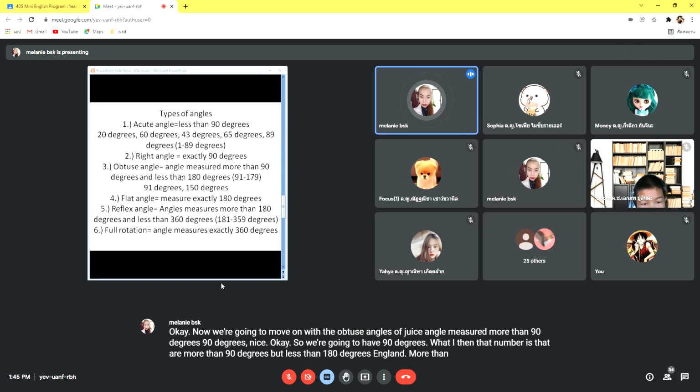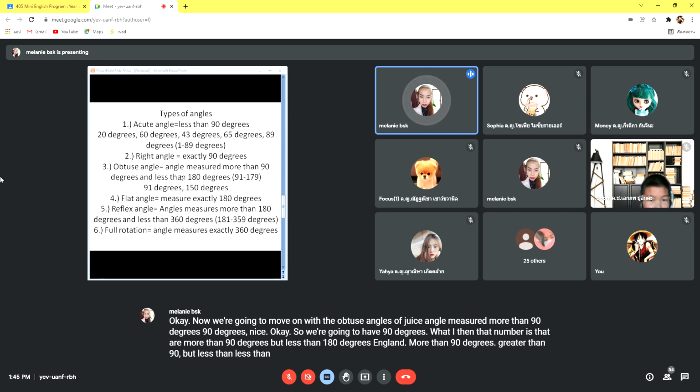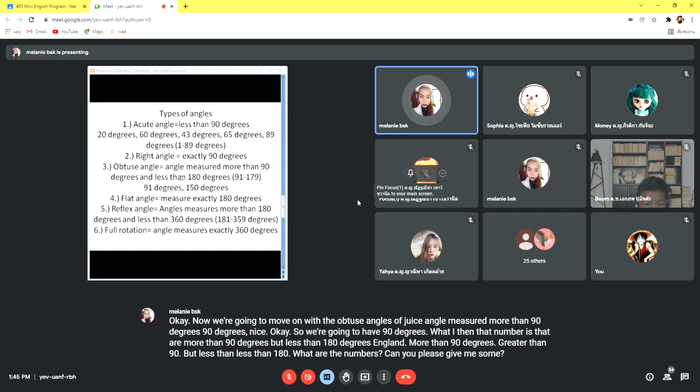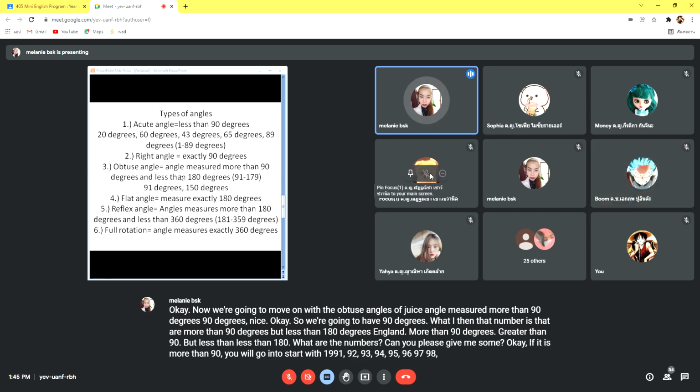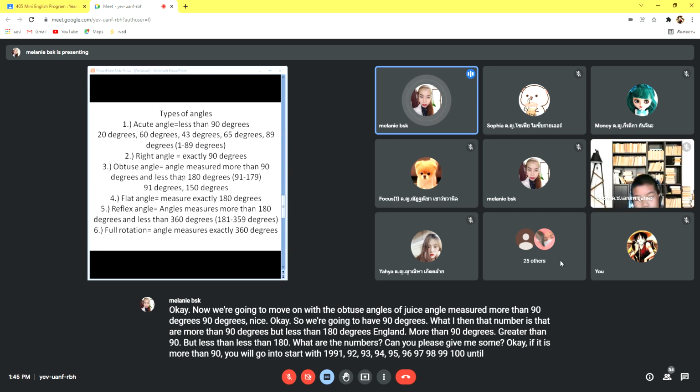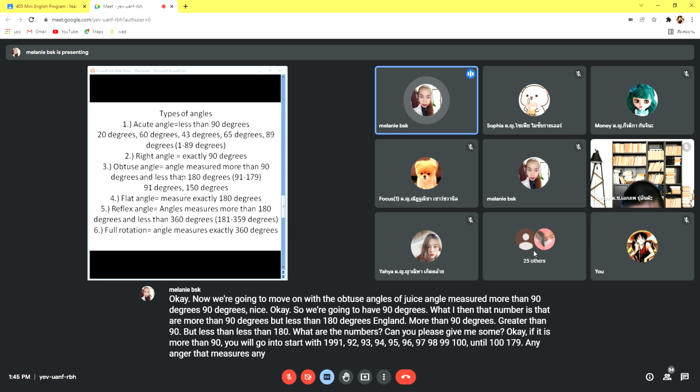Greater than 90 but less than 180. If it is more than 90, you will start with 91, 92, 93, 94, 95, 96, 97, 98, 99, 100 until 179. Any angle that measures 91 until 179 is an obtuse angle.